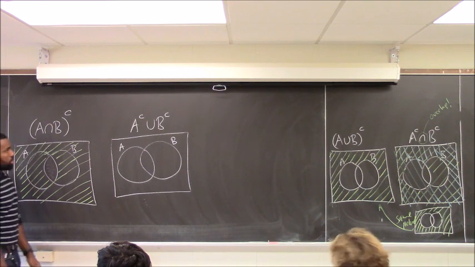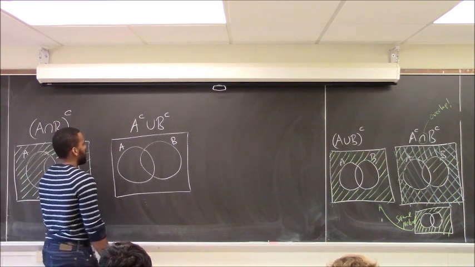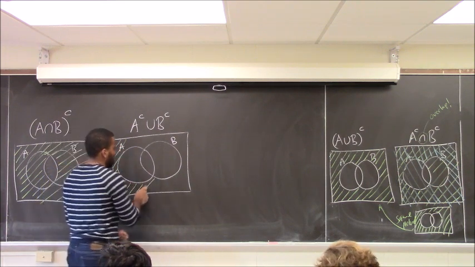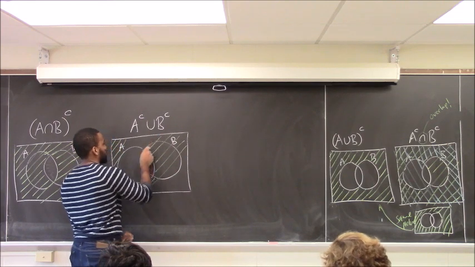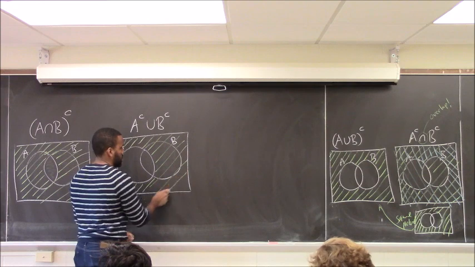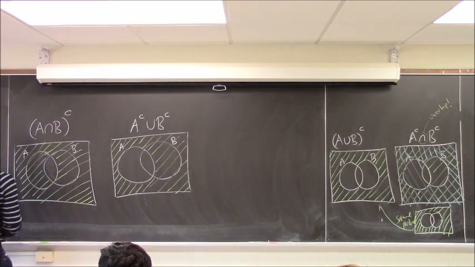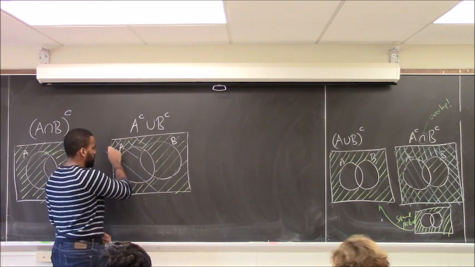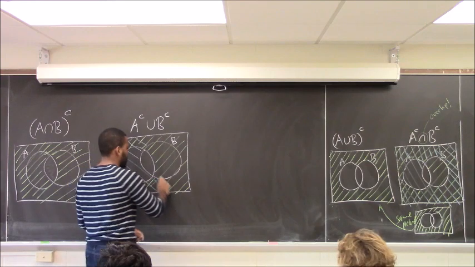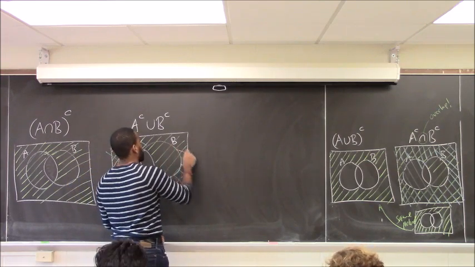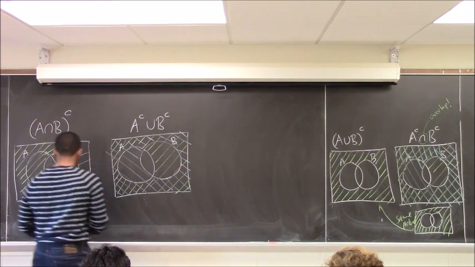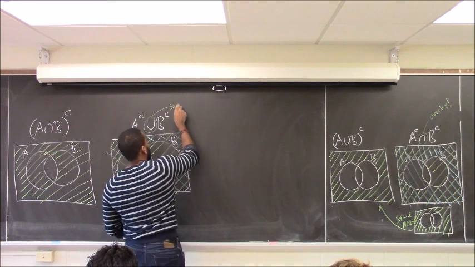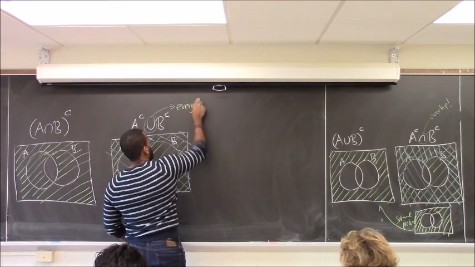If I look at A complement, well, it's everything outside the circle A. And if I look at B complement, which is everything outside the circle B, then the union doesn't require an overlap, just every shaded region.